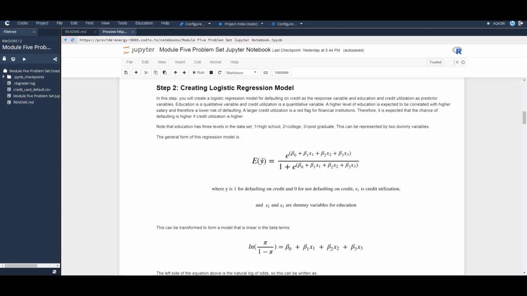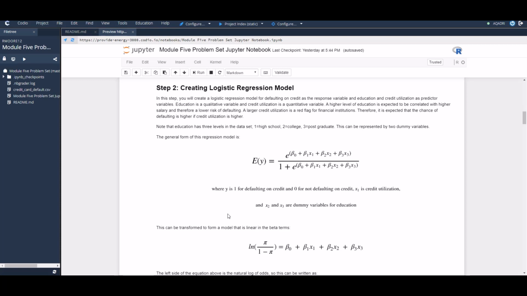Now, you don't have to derive this, but this can be converted to a function like that. The nice thing about this function is that it is expressed in a linear equation. So this part here is what you are most familiar with that we have been doing so far, just that the left side is slightly different. The left side uses the natural log function now.